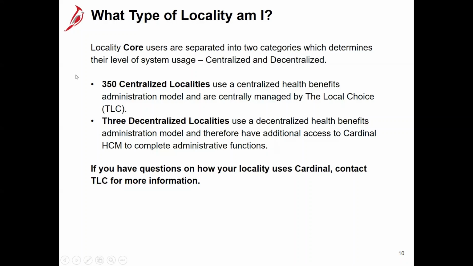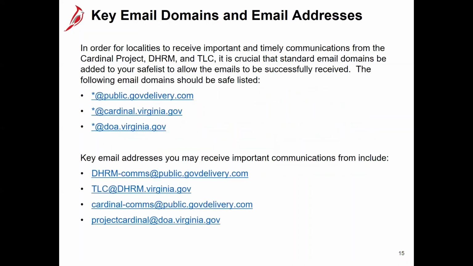Your benefits are administered by TLC and managed centrally via forms for the most part. There are 3 decentralized localities. They went through additional training and they administer their own health benefits functions directly in Cardinal. If you have any questions about this, don't hesitate to contact TLC for more information.